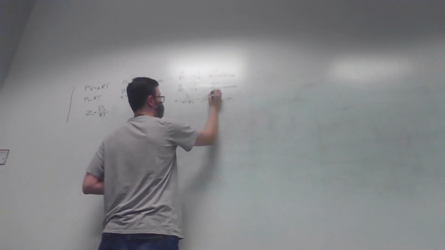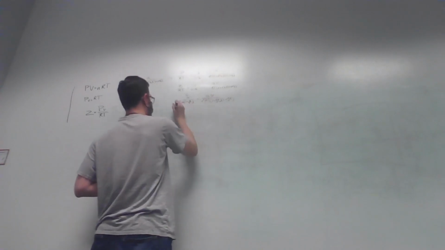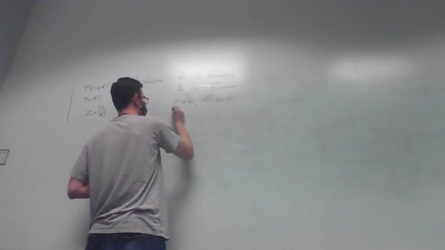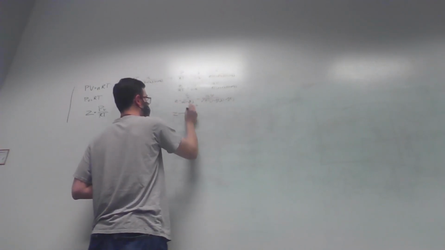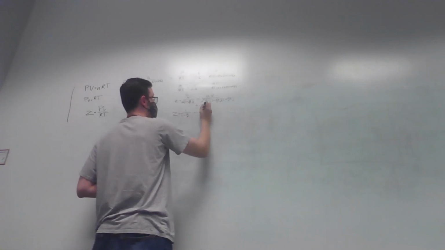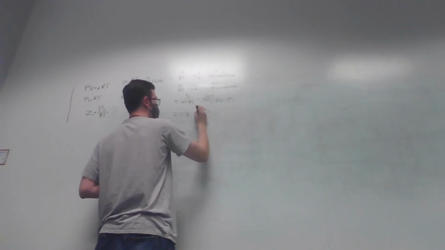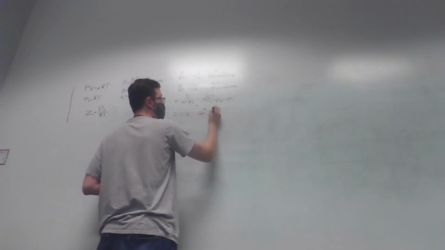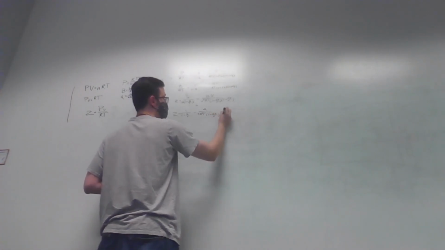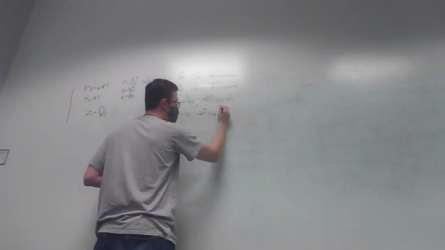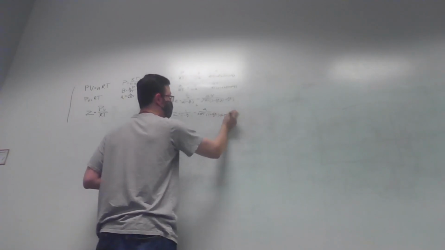These will cancel out as well. So now we have Z equals 1 over 1 minus b divided by volume, minus a over V times R times the temperature, 1 plus epsilon b over volume, 1 plus omega b over volume.